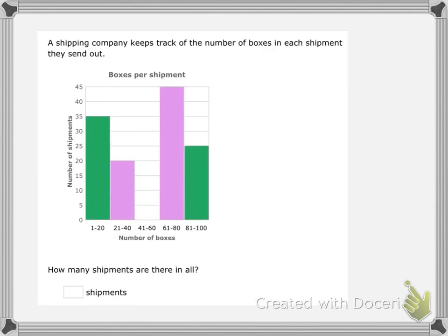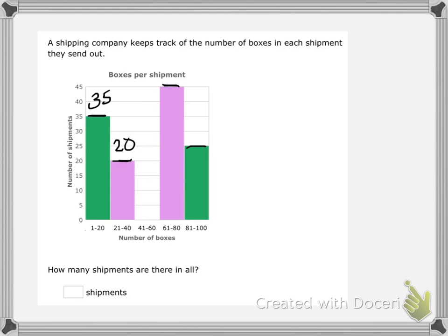All right, our next question. A shipping company keeps track of the number of boxes in each shipment they send out. So we want to look at how many shipments are there in all, which means we want to add up where these bars end. Okay, so from 1 to 20 boxes, there are 35 shipments. For 21 to 40 boxes, there are 20 shipments.